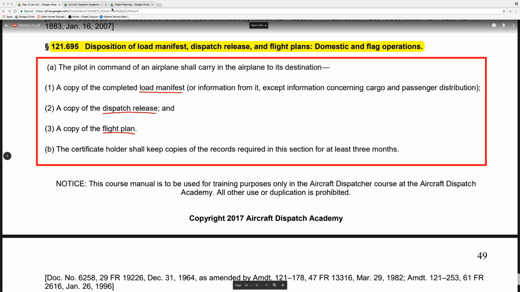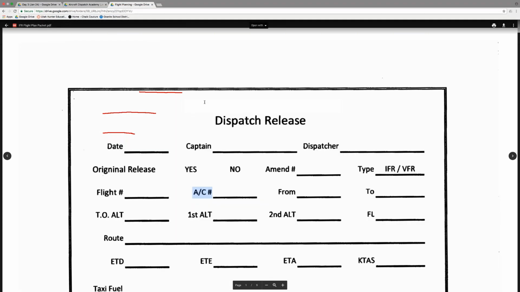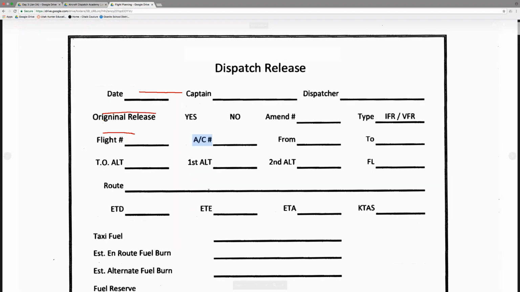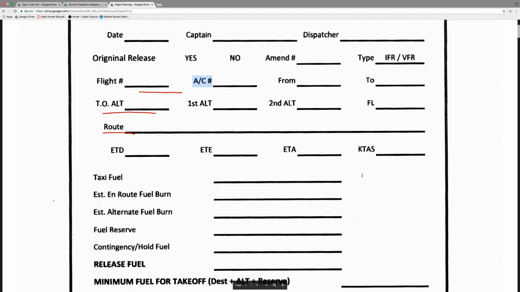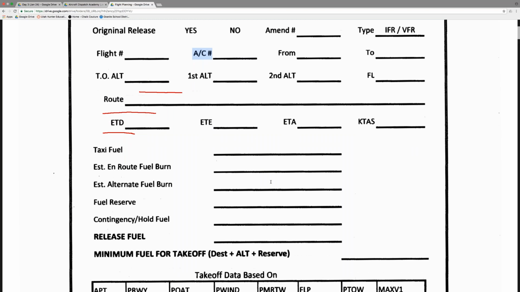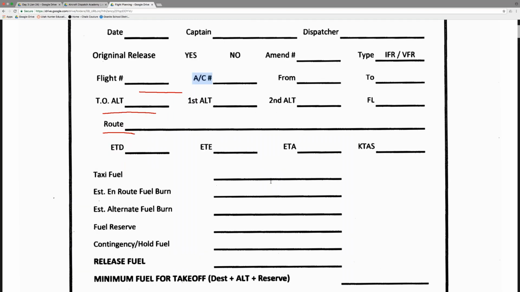We have a form similar to this one. It looks kind of like this, but we'll still plan the flight in the computer system. It'll run all the numbers for us, and it'll generate one of these sheets, but then we'd have to call the gate and read it to them.